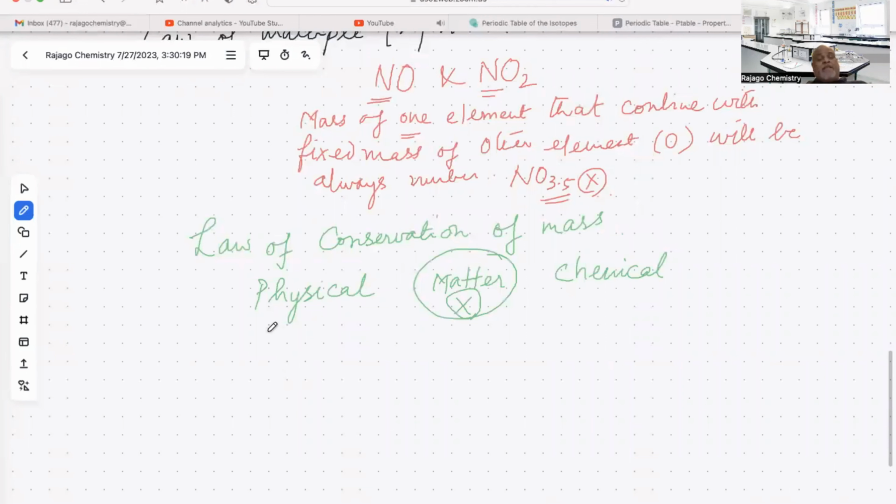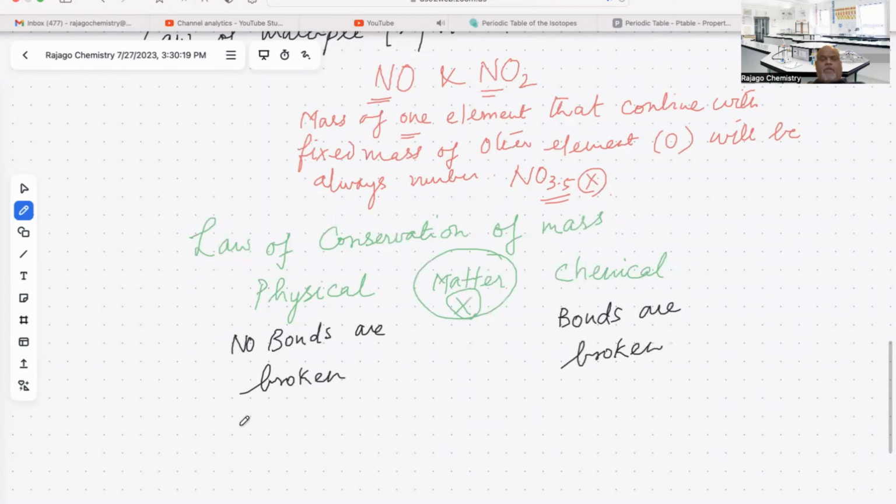So what is a physical change? What is the most important thing in understanding a physical change? Physical change means no bonds are broken. In a chemical change, bonds are broken, right? So when solid water melts to liquid, this is a physical change.